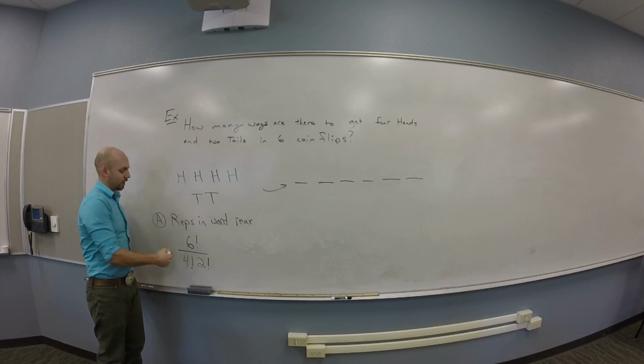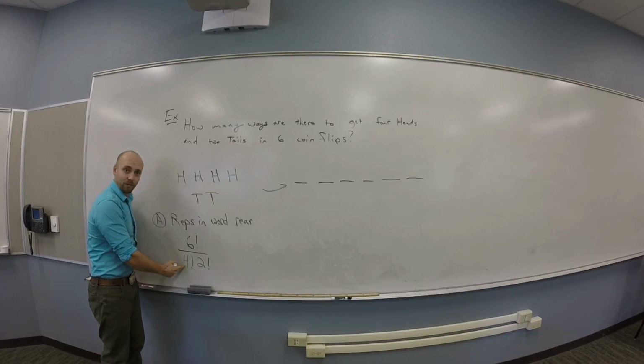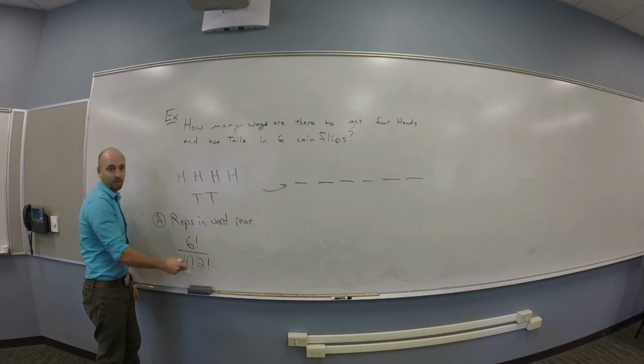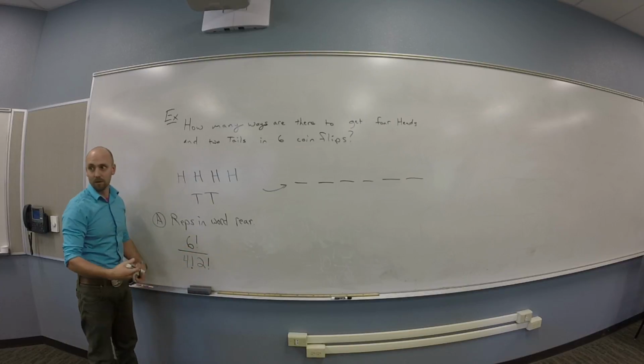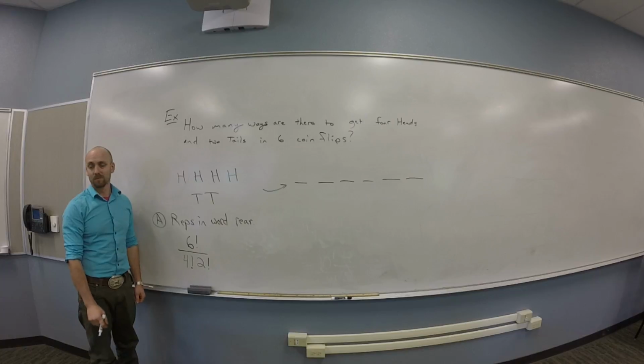The bottom is the repetitions of one of the things and the repetitions of the other things. If there were more repetitions, I'd be writing more stuff on the bottom to account for rearranging things that are the same. You guys all good with that?